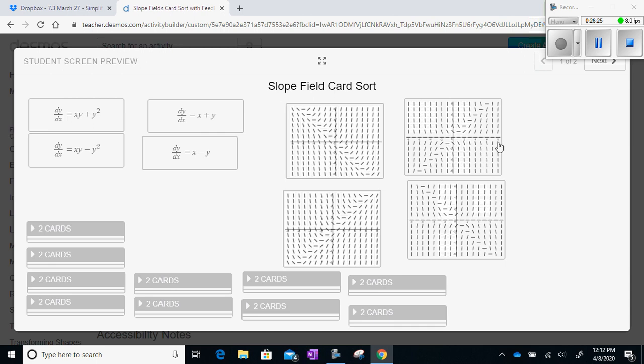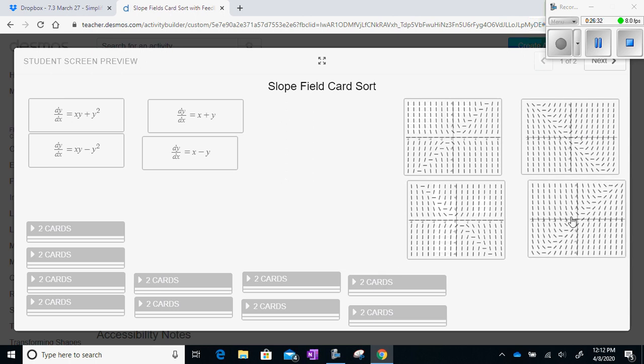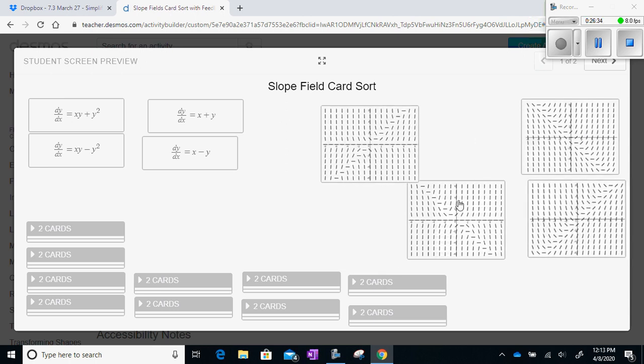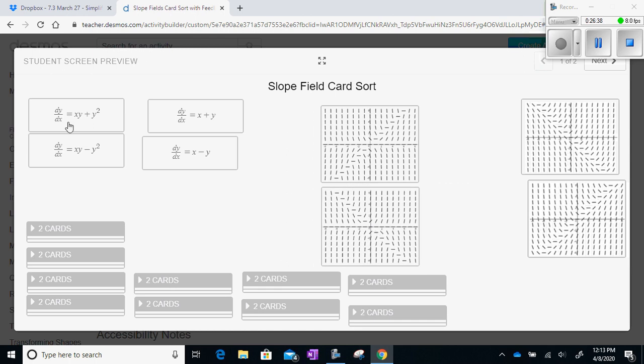When I'm on the x-axis, that means that y equals 0. So let's move these out of here. The x-axis has the equation of y equals 0. So I need to look over here and figure out which of these differential equations, if you let y equals 0, do you automatically get a slope of 0?